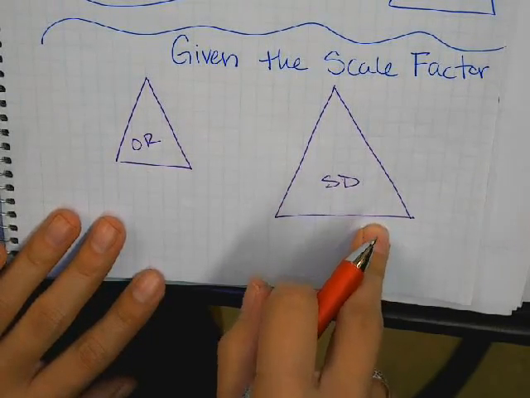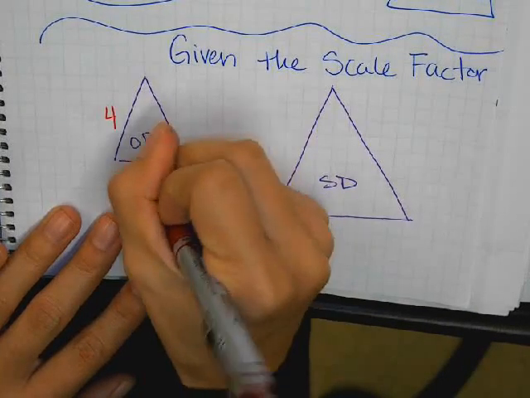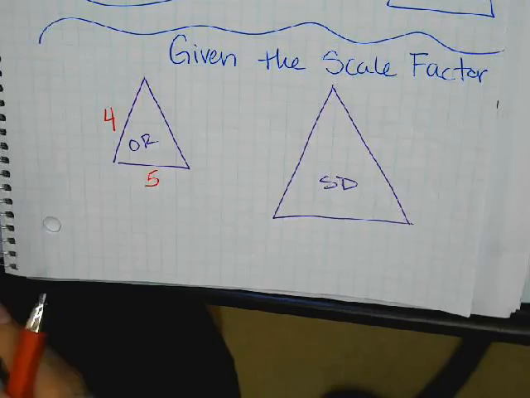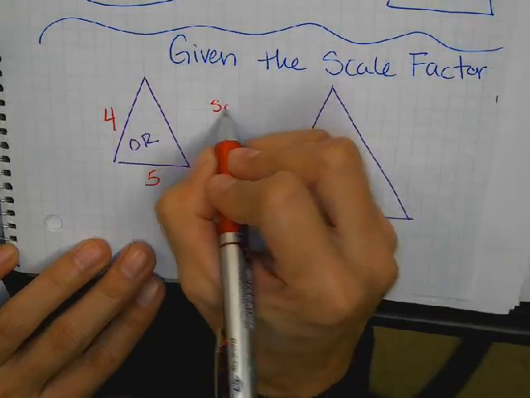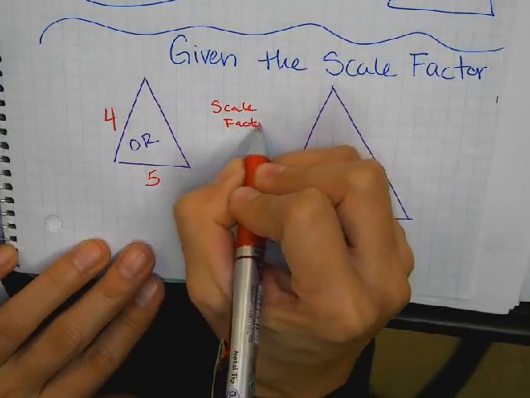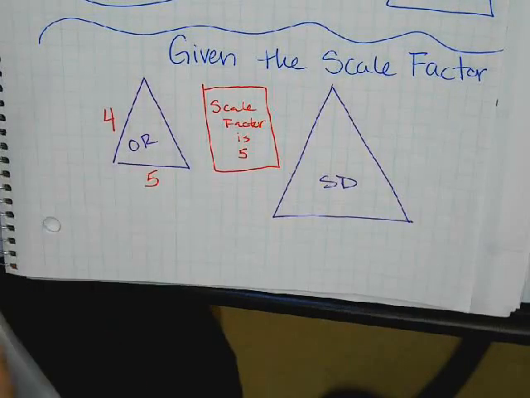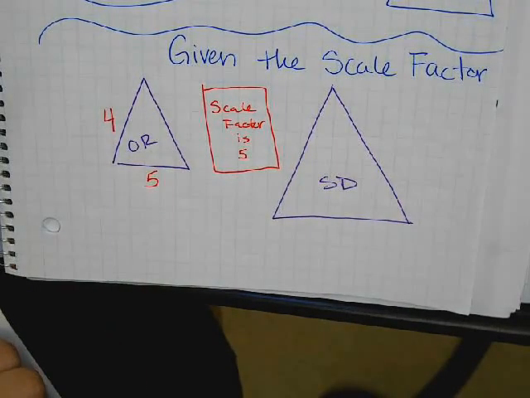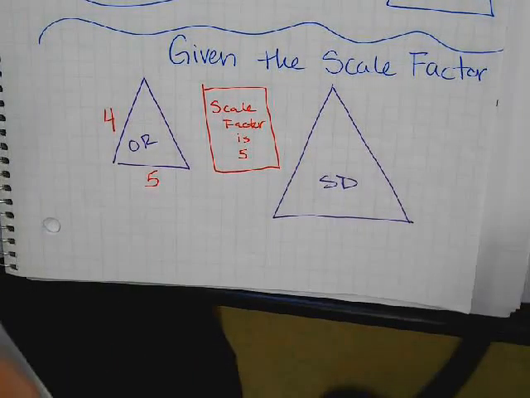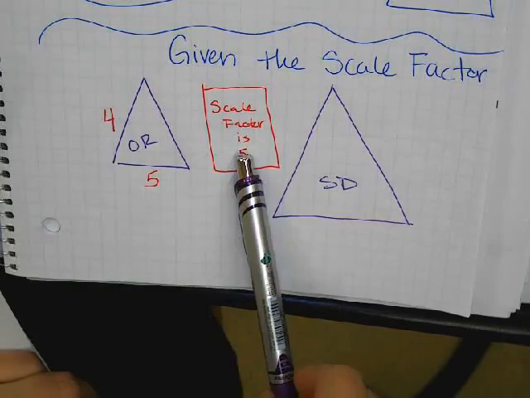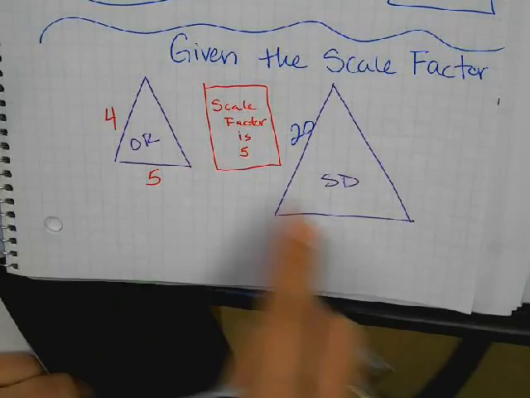So we'll start off with an easy one. 4 and 5 from your original. And I tell you that the scale factor is 5. How do I figure out the new measurements? Just multiply. 4 times 5 is 20, and 5 times 5 is 25.